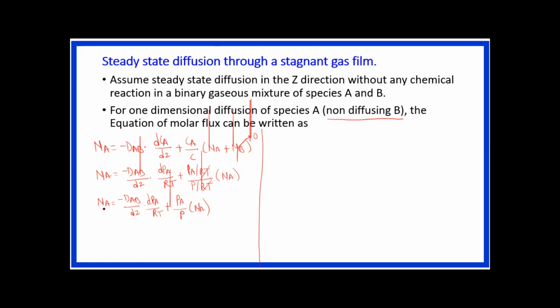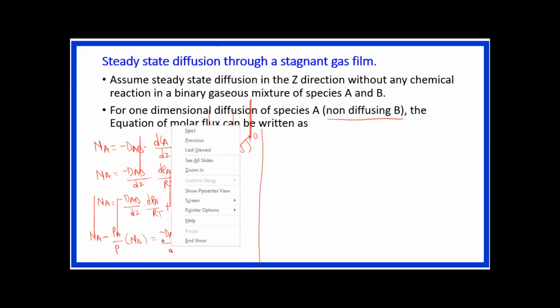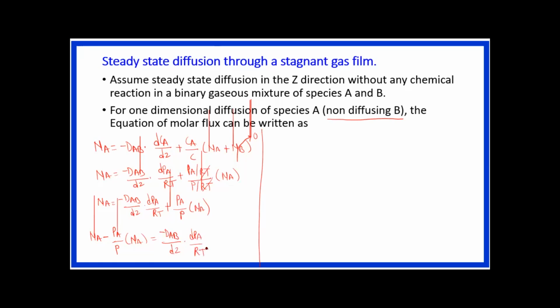So we can rearrange this equation, as here on the left hand side NA is there, and on the right hand side second parameter NA is also here. So I am writing this equation as NA minus PA by P NA equal to minus DAB dZ dPA by RT.